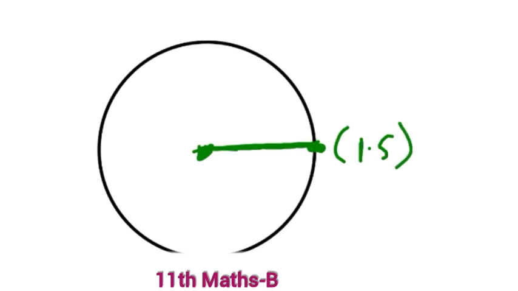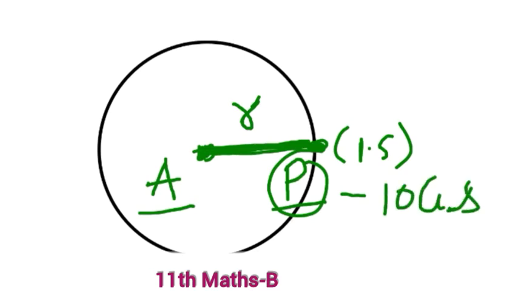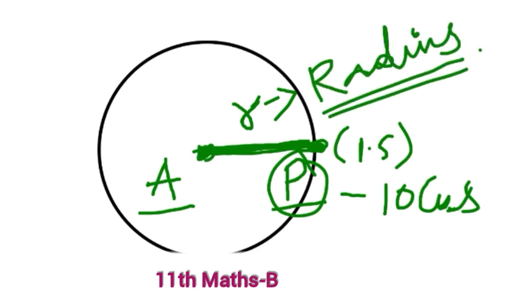This line is known as the radius, and this center point is represented as A, and this end point is represented as P. This line is R, this point is A, and another point is P. What is P here? Locus of a point. R means radius.